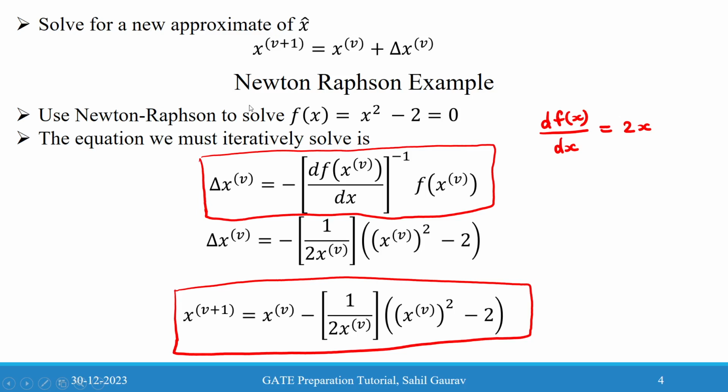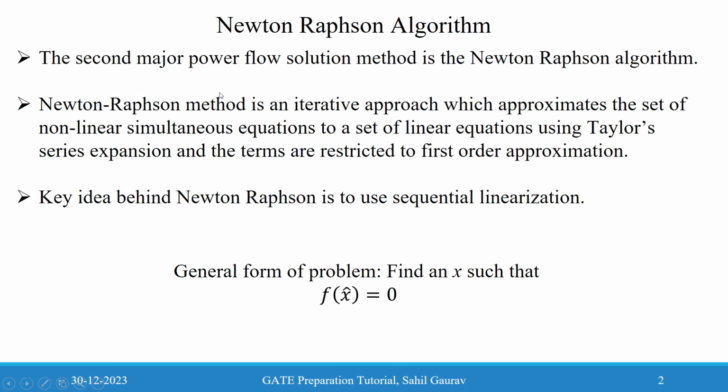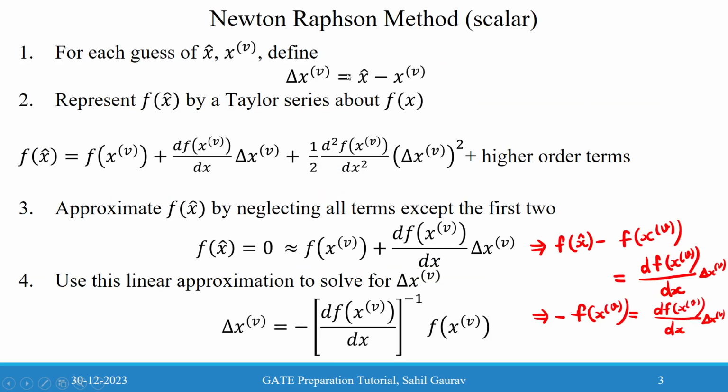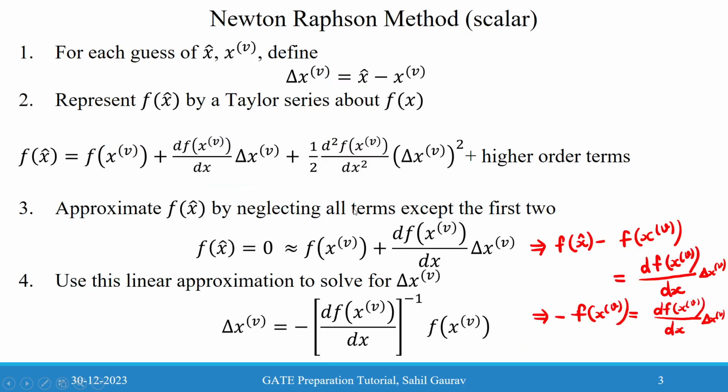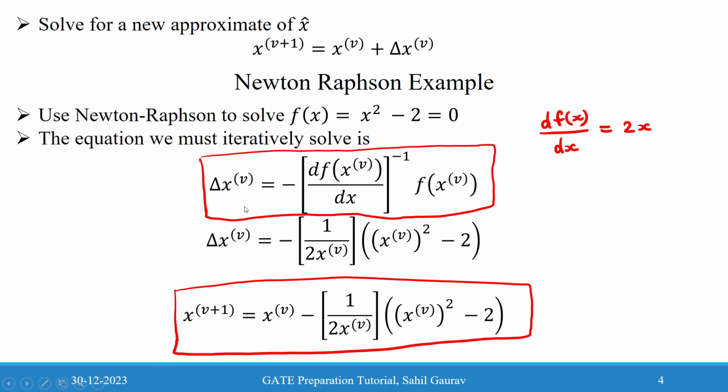Now let us take an example of the Newton-Raphson method for a scalar variable. We have to solve this equation using the Newton-Raphson method. The equation is f(x) equals x square minus 2 equals 0. We know the delta x equation that comes from the linear approximation of the Taylor series expansion of the function f(x).